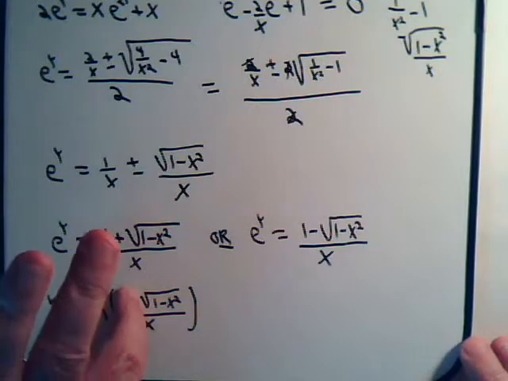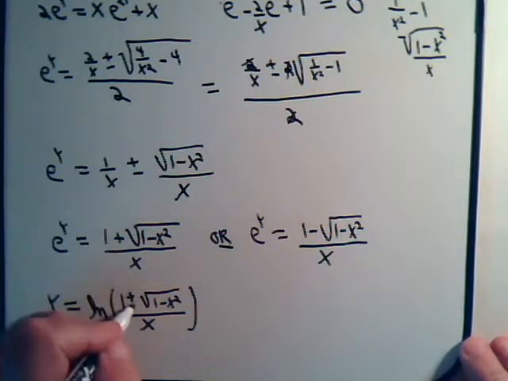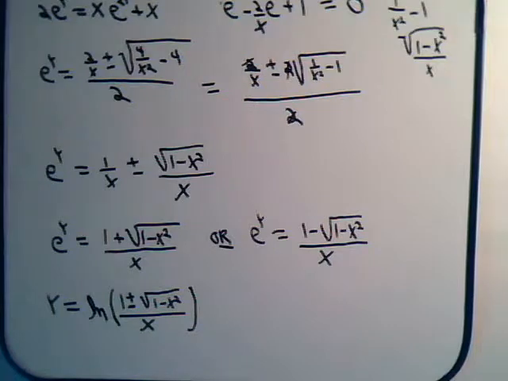So we're going to write it like this, just 1 plus or minus. There's a problem though. If you look it up in textbooks, they have it as the natural log of 1 plus the square root quantity divided by x. Typically they don't include a minus sign. Maybe there's some reason for not doing it, but if there is, we can't think of it right now. So for the moment, we're going to leave it like this and include both possibilities.